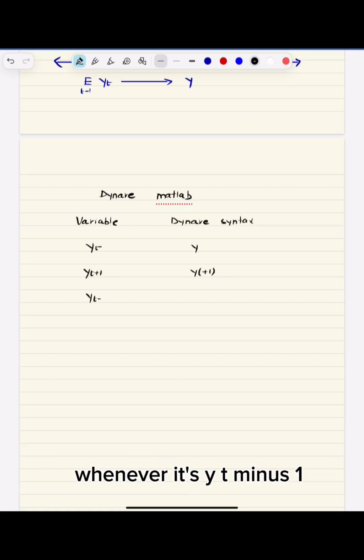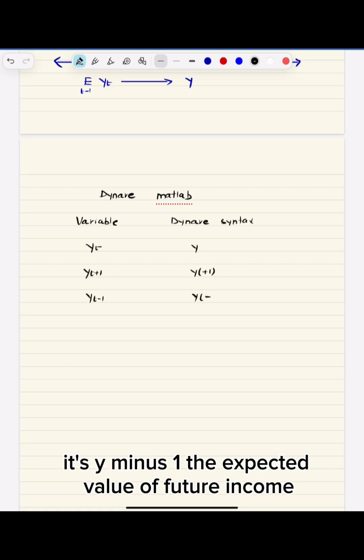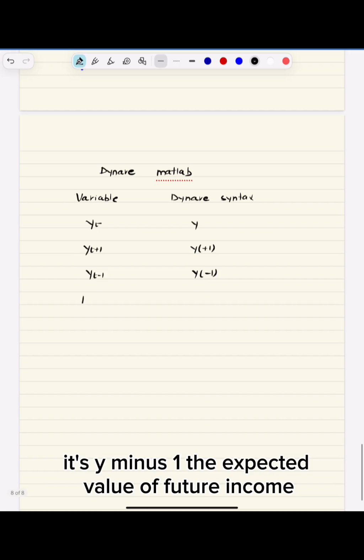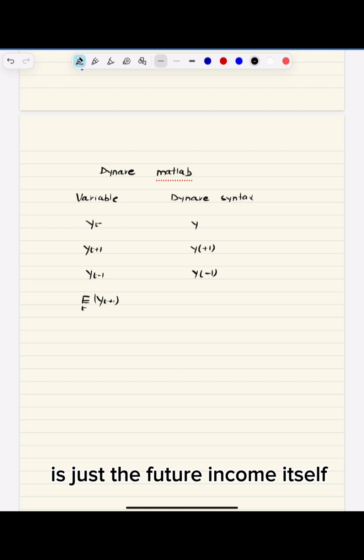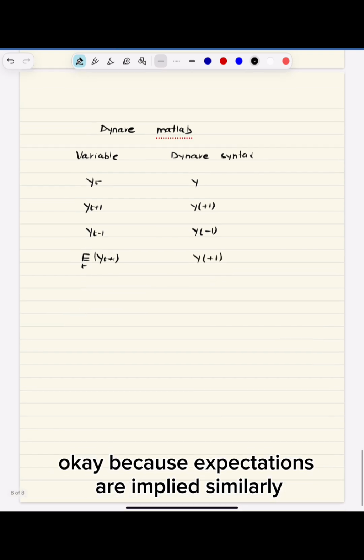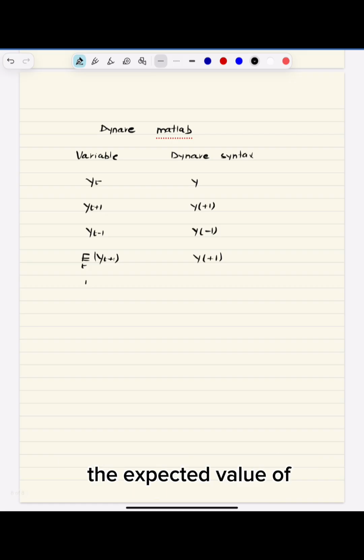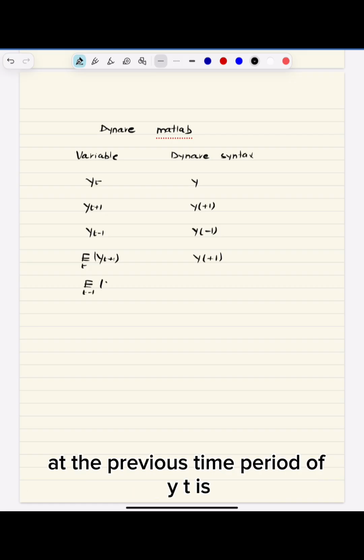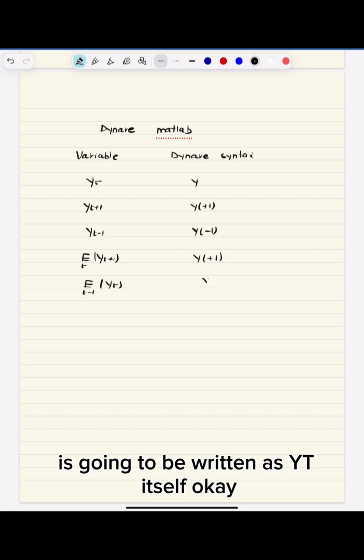Whenever it's yt minus 1, it's y minus 1. The expected value of future income is just the future income itself, because expectations are implied. Similarly, the expected value at the previous time period of yt is just going to be written as yt itself.